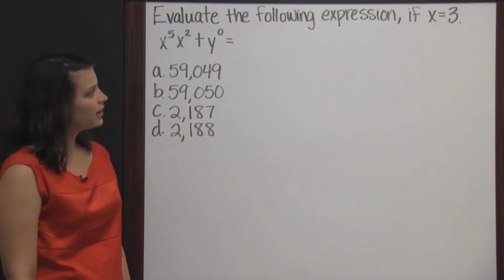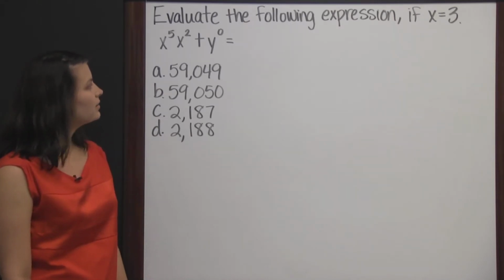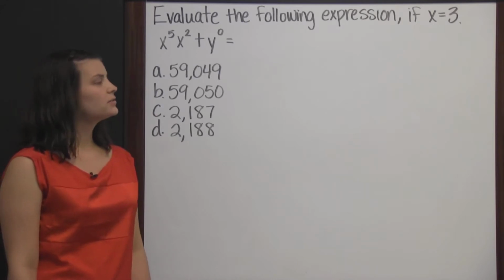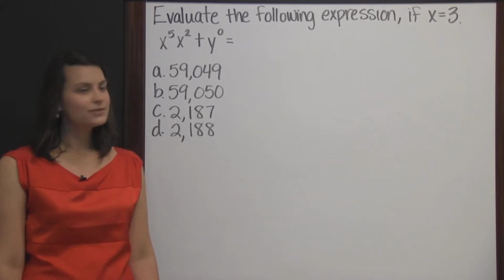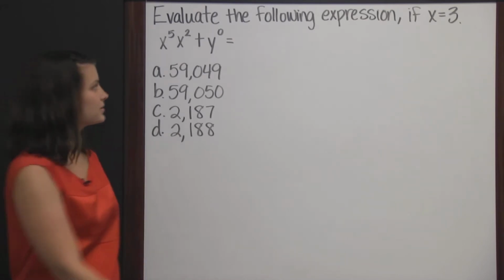Evaluate the following expression if x equals 3. x to the 5th times x squared, plus y to the 0 power equals. So first we need to substitute 3 for x.